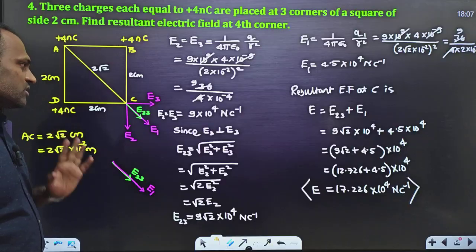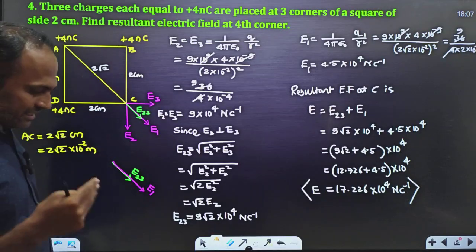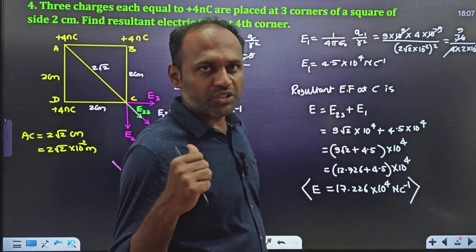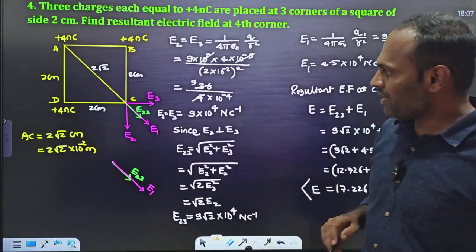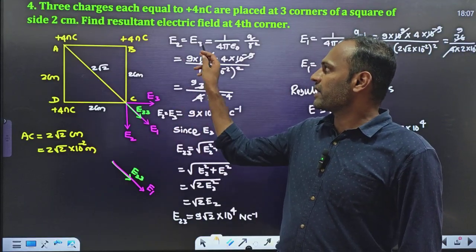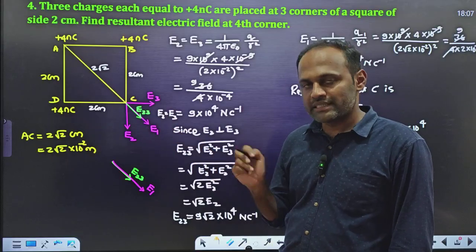Here we have to understand one more thing. If the examiner wants to set the same question at a different level, with more difficulty, what will he do? Here E2 and E3 are both equal, so the resultant is exactly along E1.